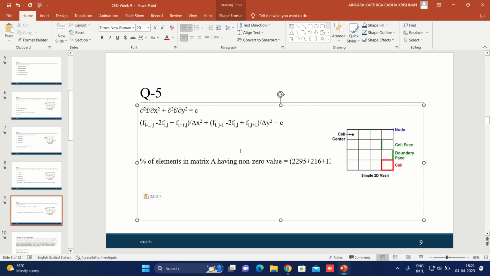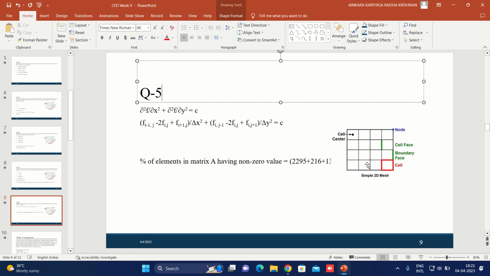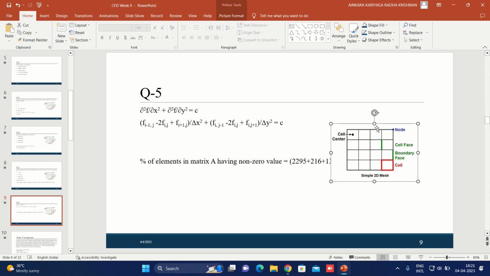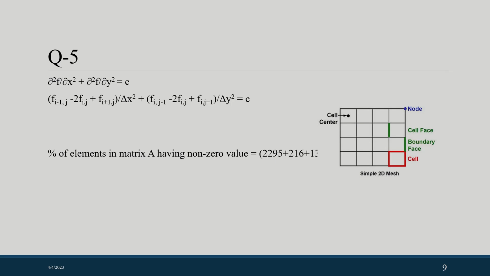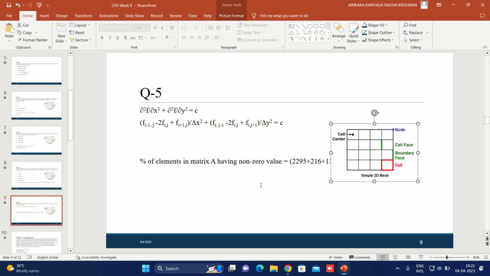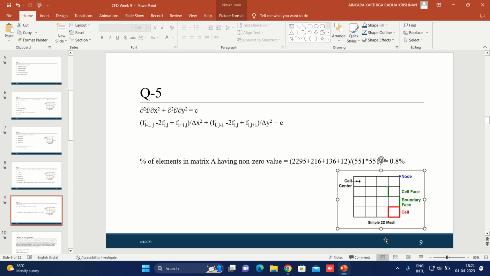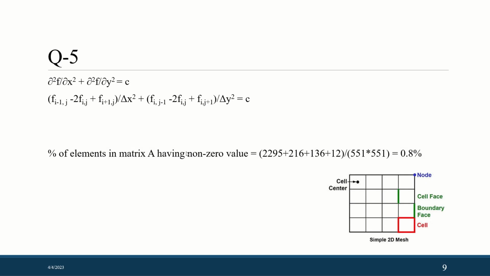Consider this, we are having a smaller cell. For calculation purpose, we keep it like this.